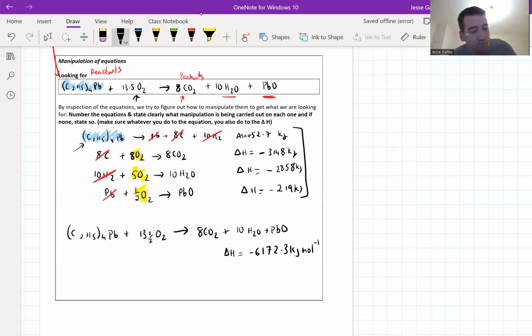Okay, now I'm pretty sure that number seems right. Just going to check my marking scheme here. If you guys have your marking scheme that you can check yourself and you get there before me, that's fine. This here is tetraethyl lead, 219.